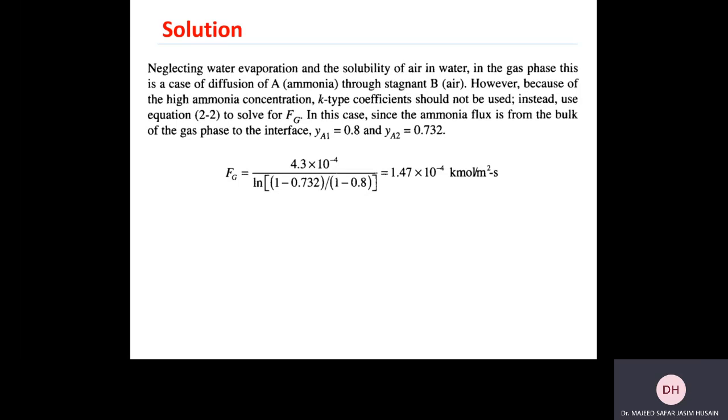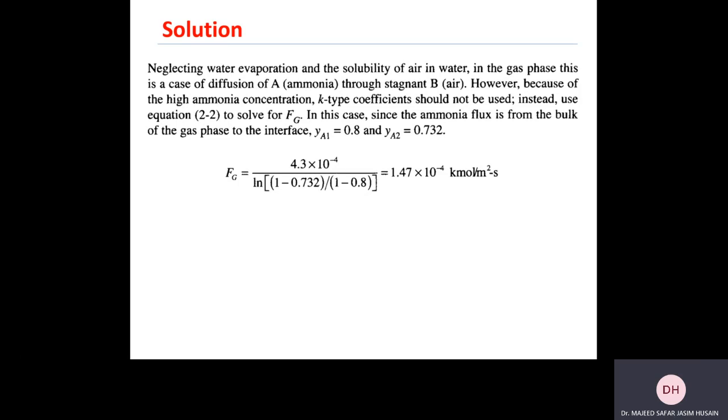However, because of the high ammonia concentration, it was 80%, the K-type coefficient should not be used. And instead, we are supposed to use the equation, there is the Fg. So since it's not dilute, we are supposed to use the capital Fg.